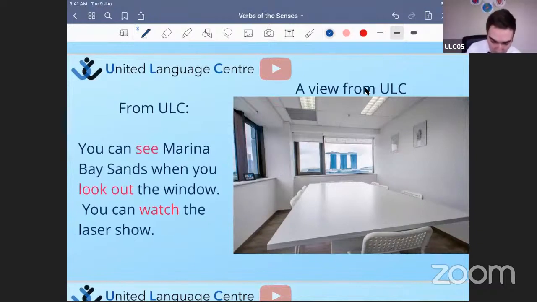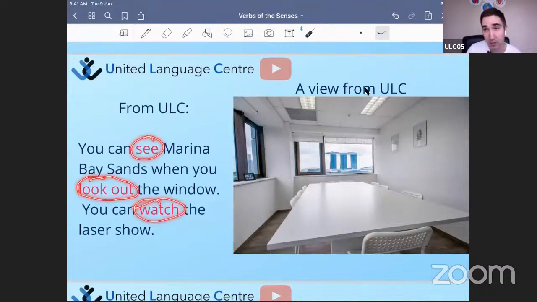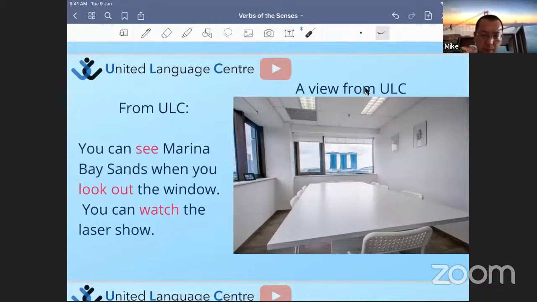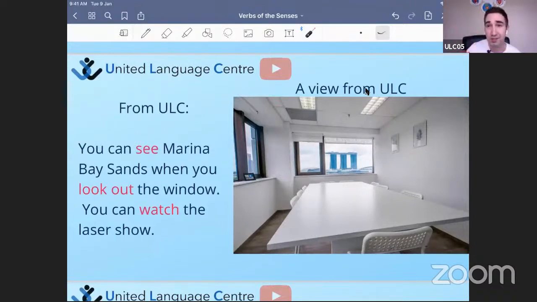If we look out the window, you can watch the laser show at night, right? So we're using 3 verbs: see, look, and watch to say the same thing, right? So what's the difference between see and look and watch? We're just going to talk about that first.